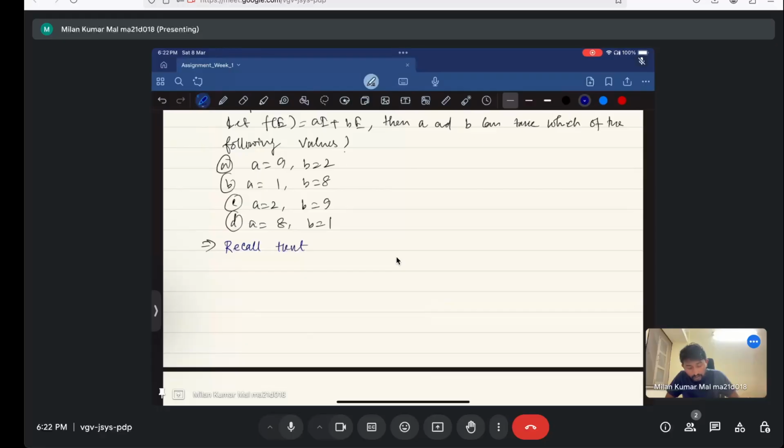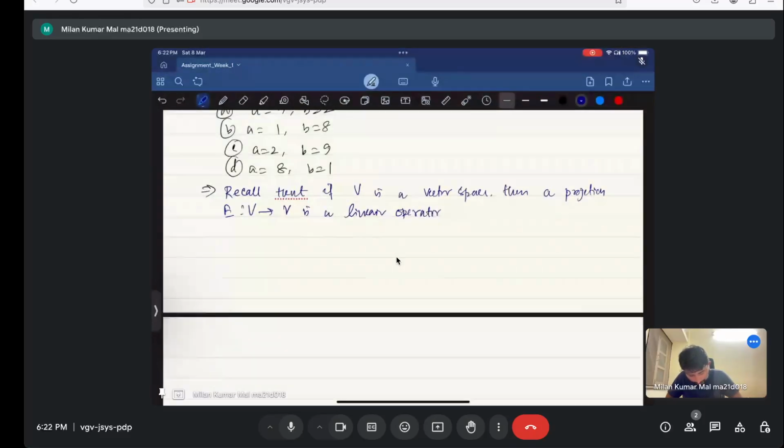Recall that if V is a vector space, then a projection E from V to V is a linear operator that satisfies the relation E squared equals E. So if E is a linear operator satisfying the relation E squared equals E, then it is called a projection.